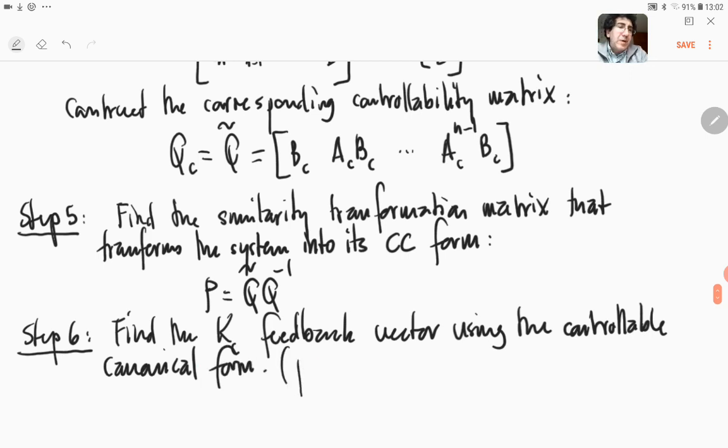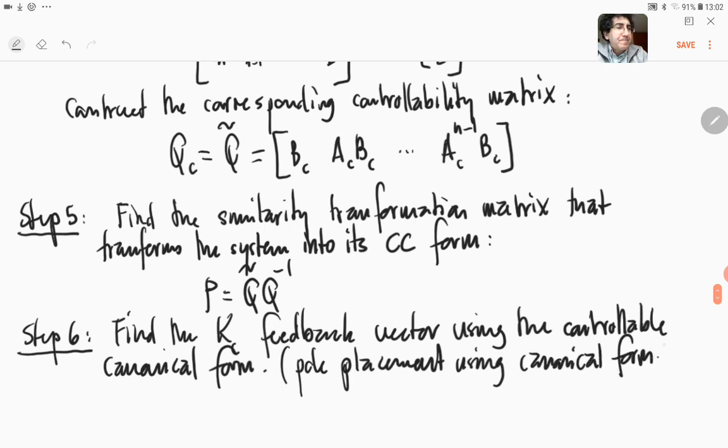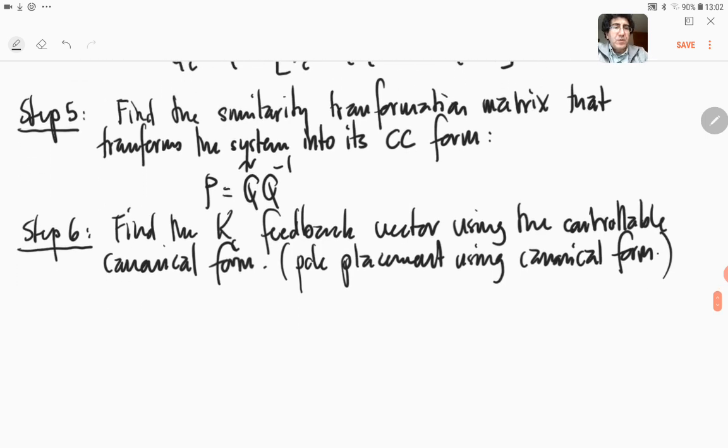This is simple, right? Pole placement using canonical form, as before.